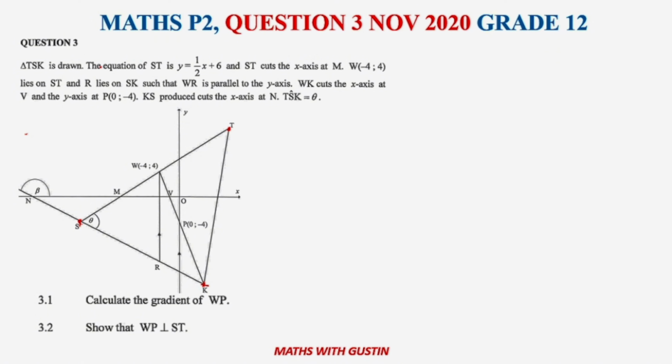Okay, we see that. And then the equation of ST is given by y equals half x plus 6. Great stuff. And ST cuts through the x-axis at point M. Here's point M. And then W lies on ST, and also R lies on SK.